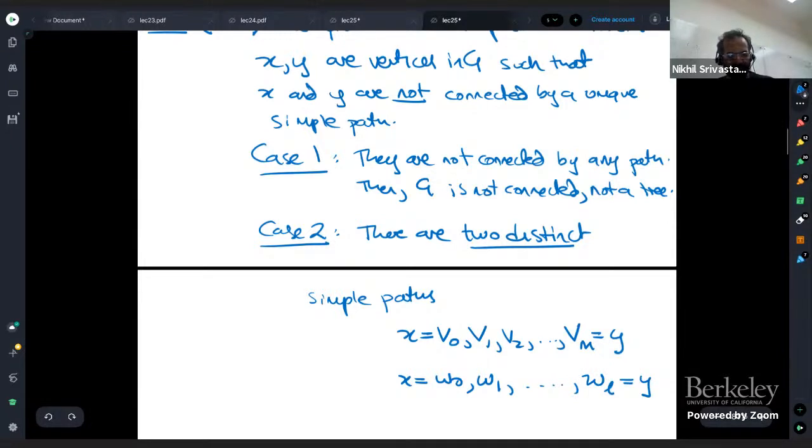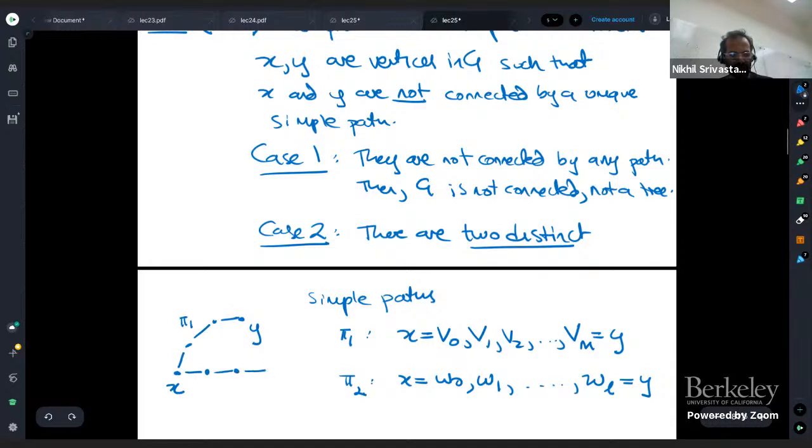And so the picture associated with this is that there's a vertex x here. There's a vertex y here. And now I have these two different simple paths. So this is the first path. Let's call this path pi1. And let's call this pi2. And they don't have to have the same length, right?